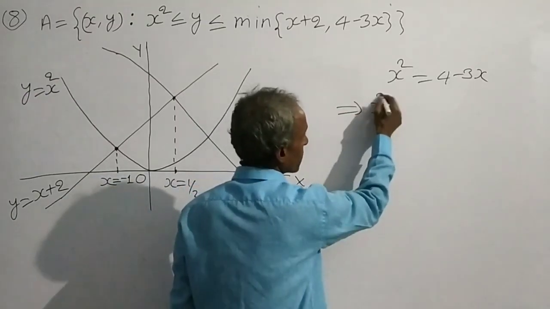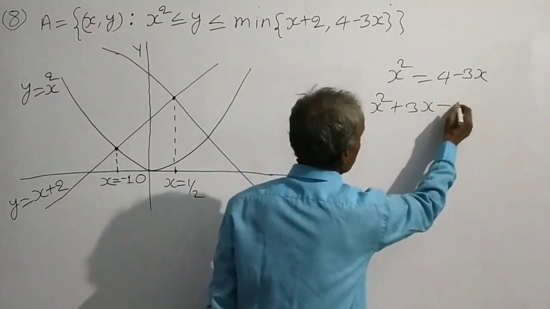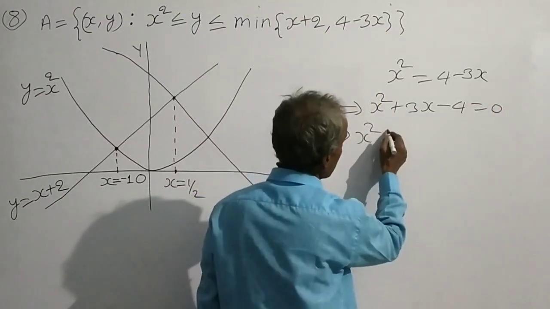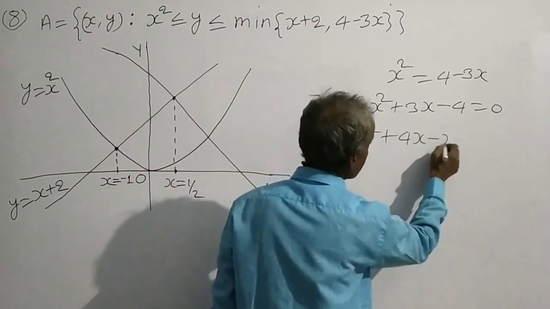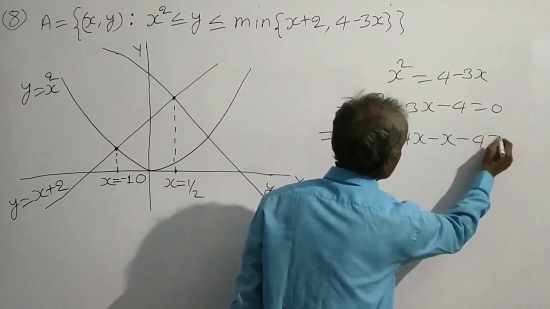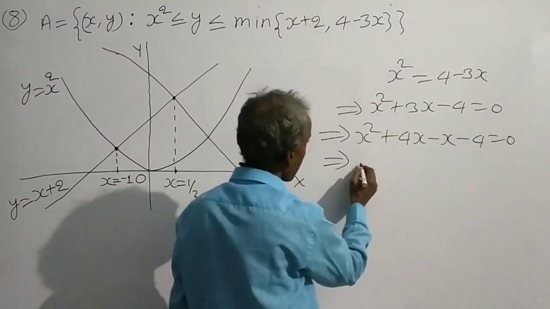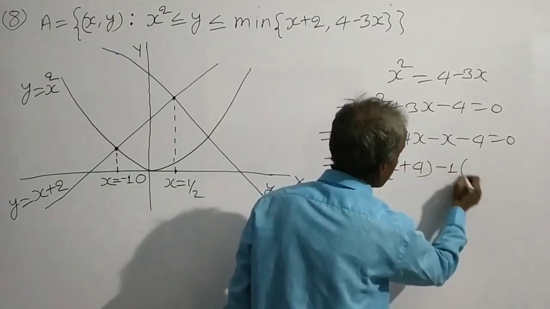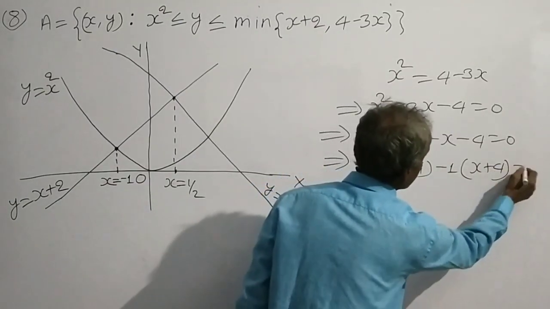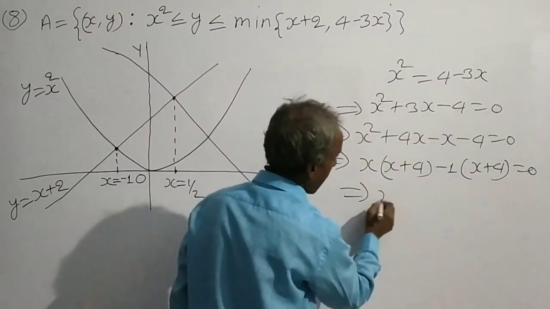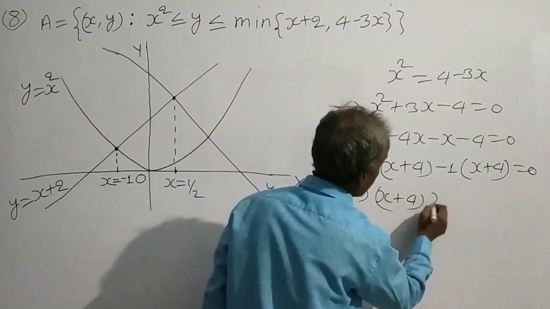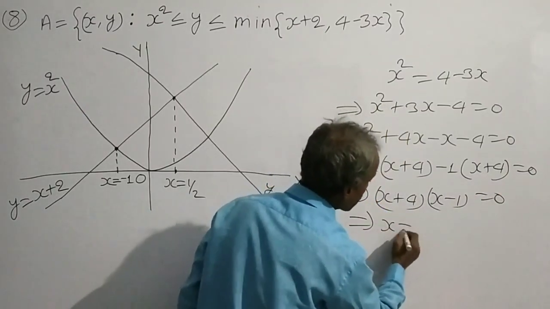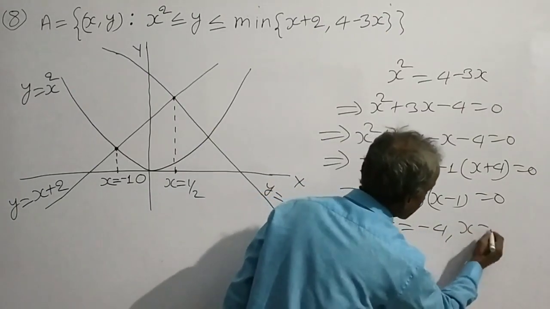This implies x square plus 3x minus 4 is equal to 0. This implies x square plus 4x minus x minus 4 is equal to 0. This implies x into x plus 4, minus 1 into x plus 4, is equal to 0. This implies x plus 4 times x minus 1 is equal to 0. This implies x is equal to minus 4, x is equal to 1.